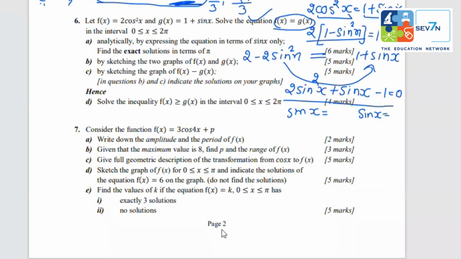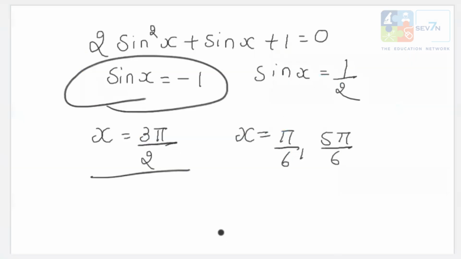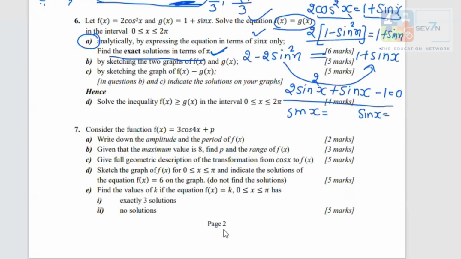So we have already found out your x. Clear? Yes. Your A part is analytically by expressing the equation in terms of sin x and find the exact solution in terms of pi. And our exact solution is this, okay? In terms of pi. This is your A part, clear? Yes. Now, your B part is by sketching the two graphs of f(x) and g(x).